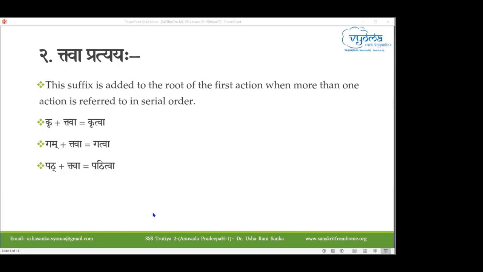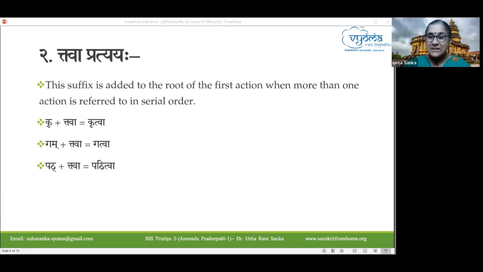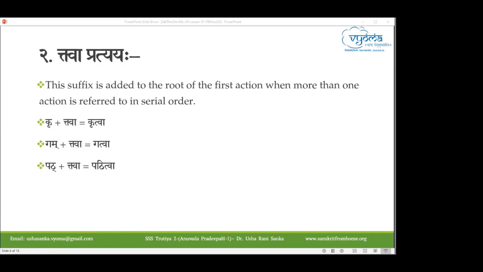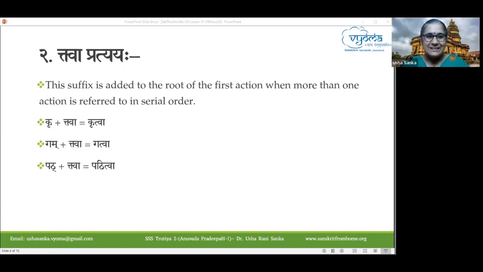I think we can use this way: that I had my lunch after studying. How is that sounding? According to English idiom, that is good, but the Sanskrit effect doesn't come. We essentially say it is the first action that we completed.